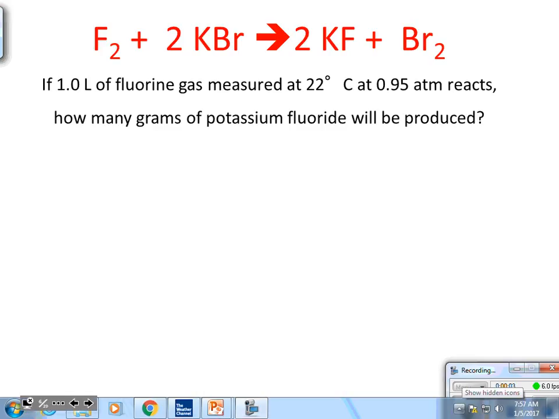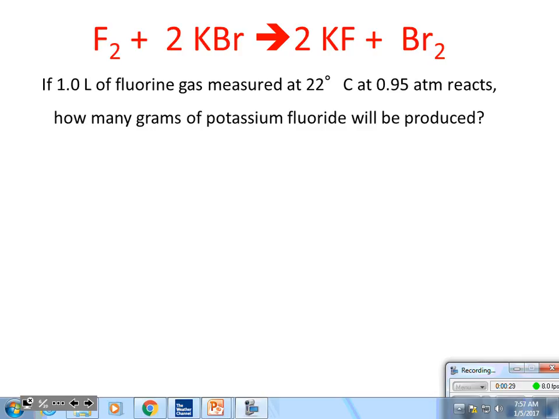Okay, with this example of the ideal gas law, it says if 1 liter of fluorine gas measured at 22 degrees Celsius at 0.95 atmospheres of pressure reacts, how many grams of potassium fluoride will be produced?